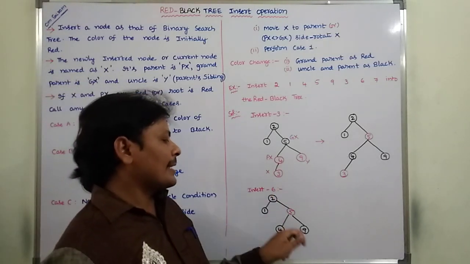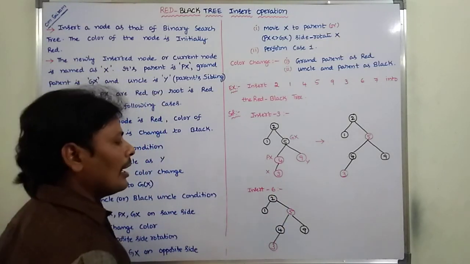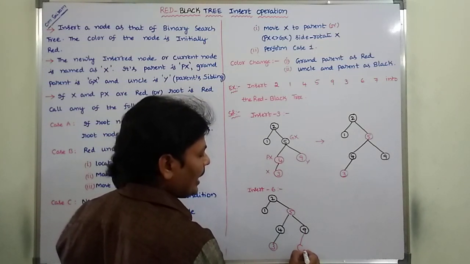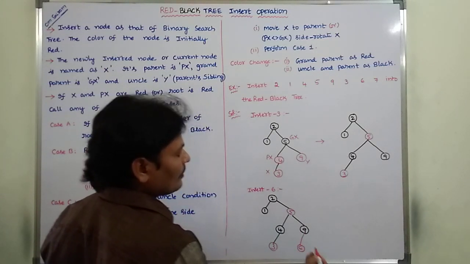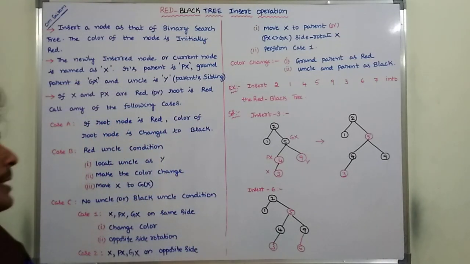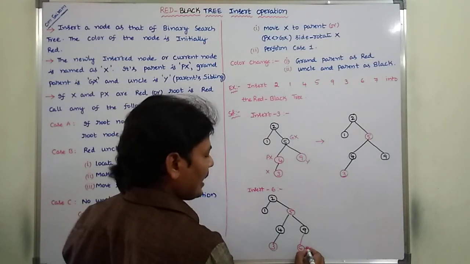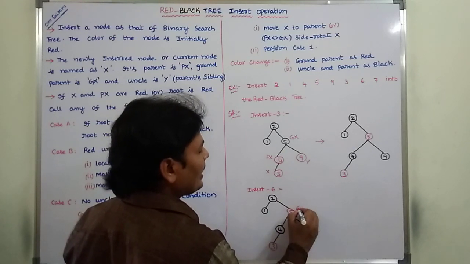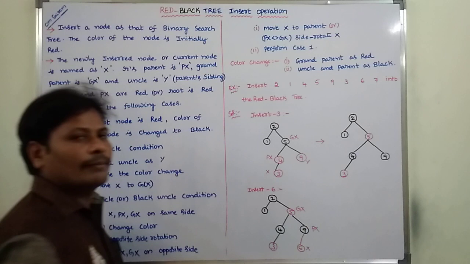So 6 is less than 9. Go to the left hand side. There are no elements there. We are inserting node 6. It is denoted by X. Its parent is denoted by Px. And its grandparent is denoted by Gx.